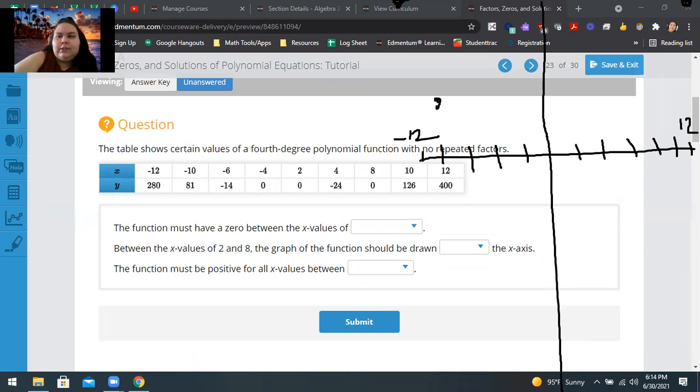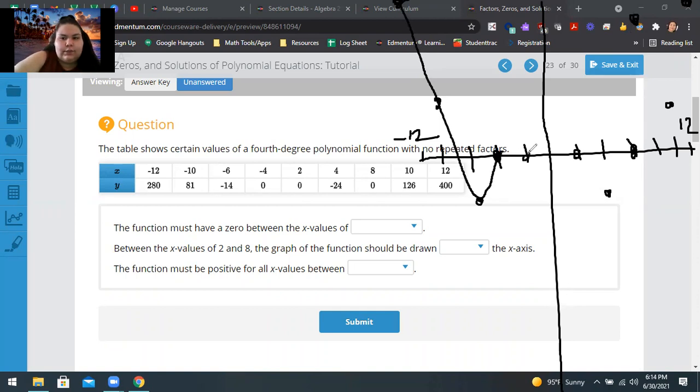So let's just say it gets really close. And then at negative 6, it's down to negative 14. Negative 4 is down to 0. 2 is at 0. And then we have 4 at negative 24. Let's just say here, 8 to 0, 10 to 126. If I roughly draw this out, where am I at?